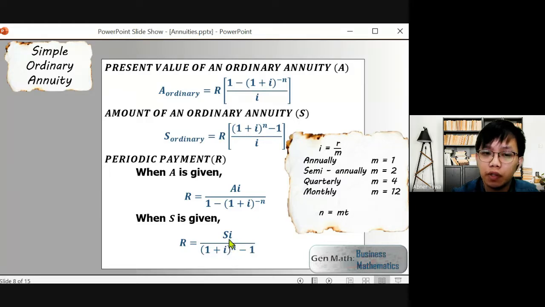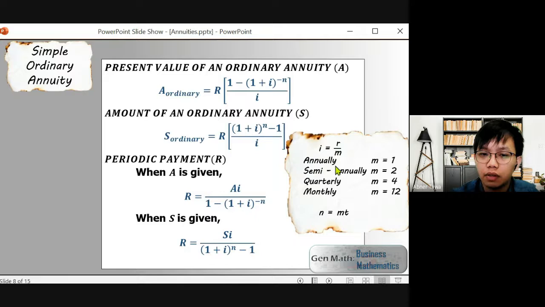So n here is the exponent. Remember, minus 1 here is not part of the exponent. Well, of course, for the value of I, we're going to use this one. Okay? So, dapat simple lang yung annuity, so that yung pag-solve natin ng I is R over M. Kasi pag general, nabigyan na sa module kung paano i-solve yung I pag general sa ordinary annuity.